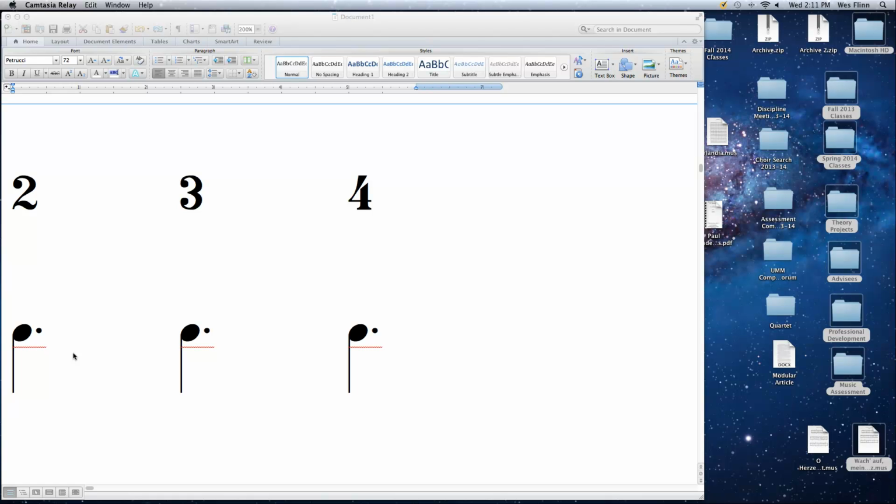I'm sure you all remember multiplication. Let's think this through for a second. A dotted quarter contains how many eighth notes? That's right, 3. So if you have 2 dotted quarters, how many eighth notes do you have?